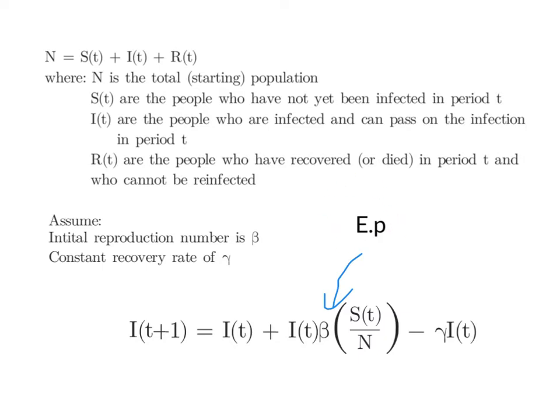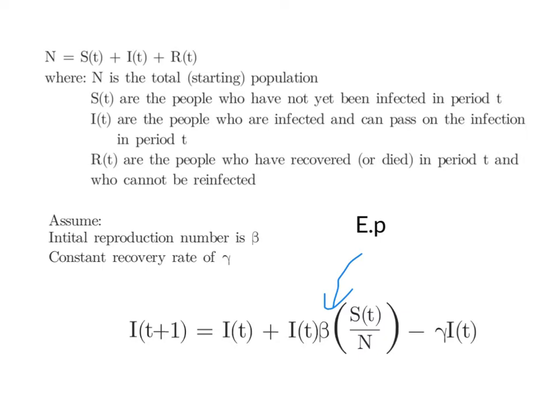So that's the number of people on average from the population that an infected person bumps into in one period, times P. And P is just the probability of infecting one of those exposed people. So a person infected at time t will bump into a number of people and infect each of those people with probability P. But remember now, not all of our random people in the population can be infected.